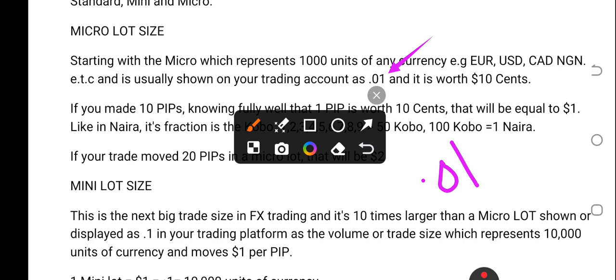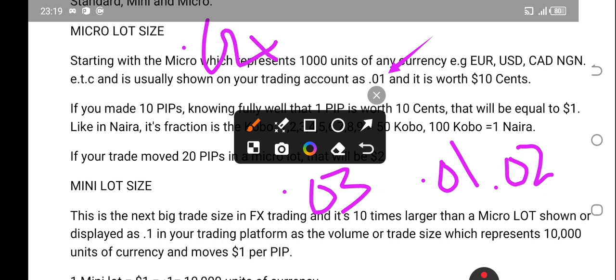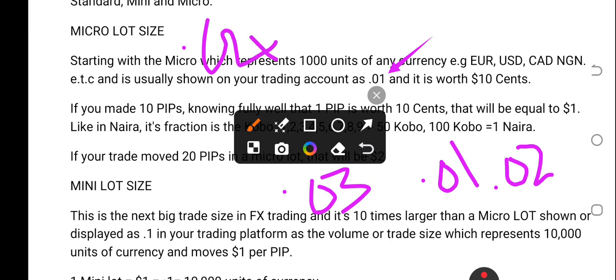You can still open for 0.02, which is 2 micro lots. 0.03, that is 3 micro lots. 0.04, which is 4 micro lots. 0.05, 0.06, 0.07, 0.08, 0.09, like that, etc. For the ninth one, that is 9 micro lot sizes.